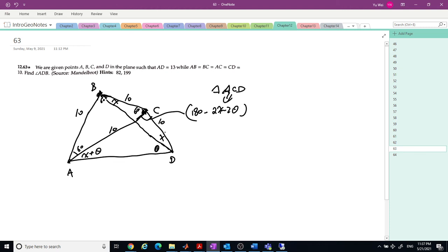Then we have an isosceles triangle BCD, right? So from BCD, we know 2x plus 60, plus 180 minus 2x minus 2 theta, together is 180 degrees, right?